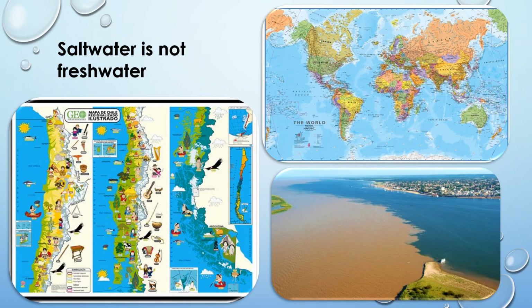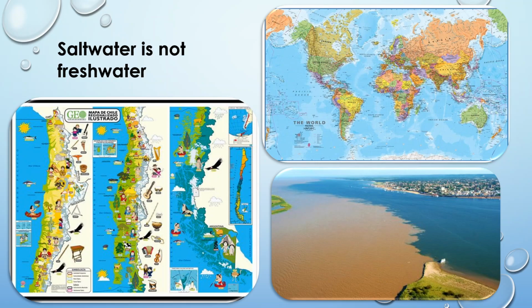Well, we also have the Andes mountain range, which is where we have glaciers, snow, and the snow can melt into streams and rivers, which eventually go to the ocean. Also, the last picture on the bottom right is a picture of the Amazon River meeting the Atlantic Ocean in Brazil.